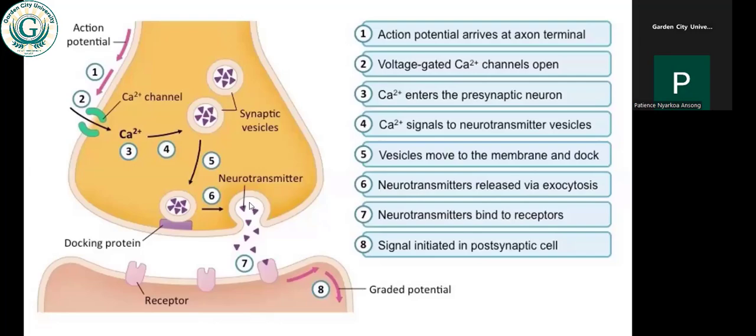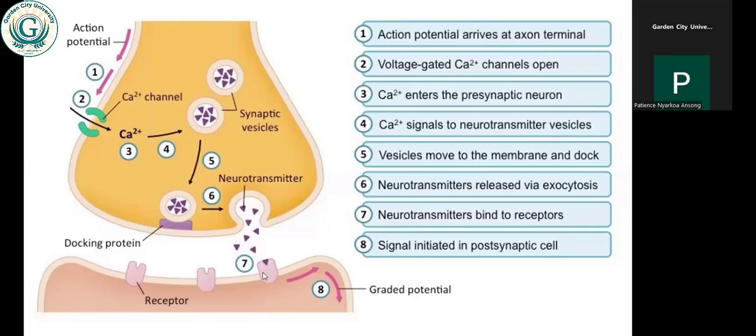The vesicle fuses with the cell membrane, releasing its content, which is the neurotransmitters, into the synapse by exocytosis. Neurotransmitters will bind to their specific receptors on the postsynaptic cell.